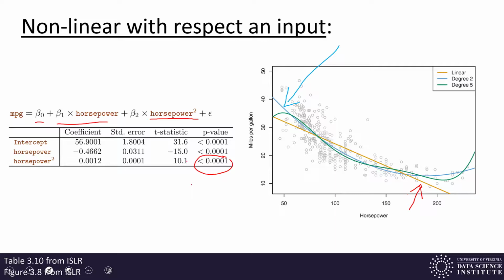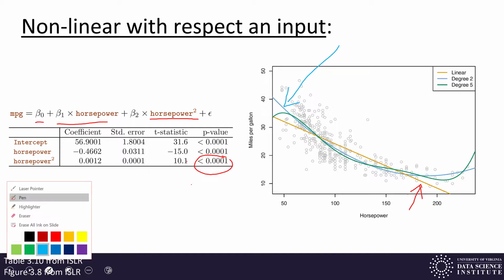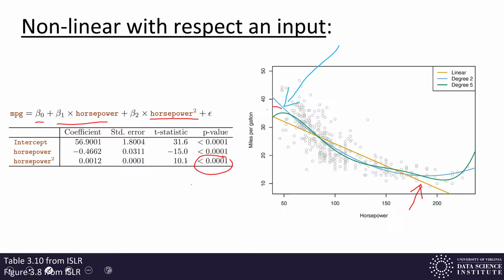Also shown is a degree 5, which is questionable. Maybe the degree 5 adds improvement, maybe it doesn't. Something you'll often notice when you take higher degree polynomial regressions is things like this tail that I'm circling in red on the plot, which doesn't seem to represent any data. Out at the extremes, when you do high polynomials, you tend to get estimates that seem unreasonable based on the data.